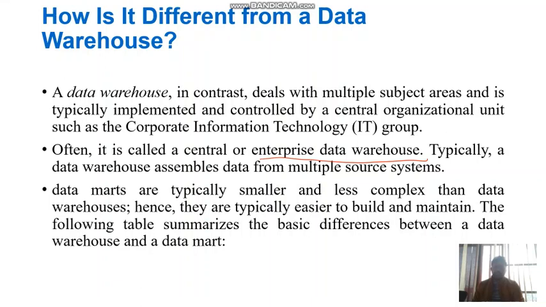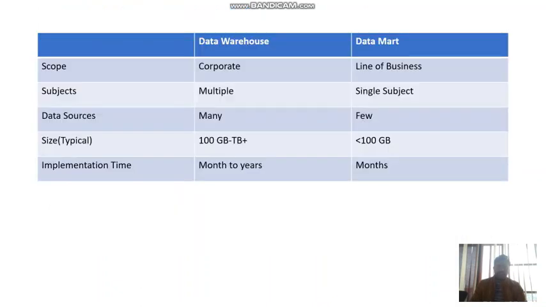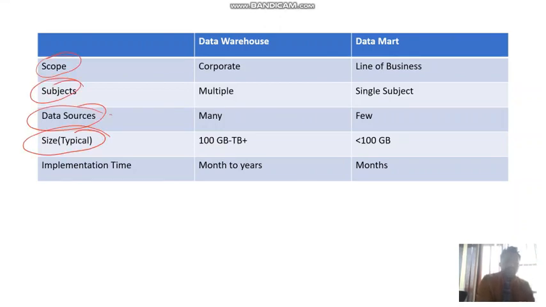The following table illustrates the difference between a data warehouse and a data mart. If you see the next slide, there's a table with some features: scope, subjects, data sources, size, and implementation time. The first column is data warehouse and the second column is data mart.